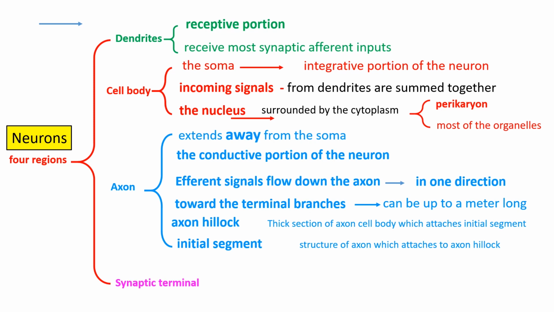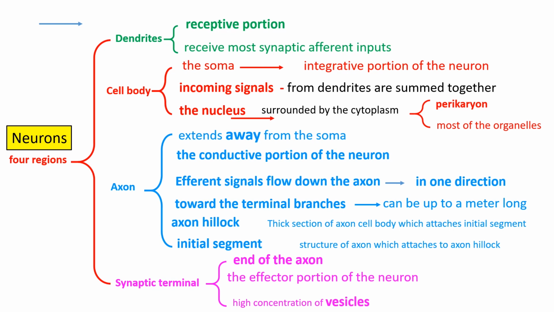Then at the end of the axon we have the synaptic terminal, the synapse. It carries information from the neuron to the next neuron, and this synaptic knob has a high concentration of vesicles which contain the neurotransmitters. Now, we have seen all this information.